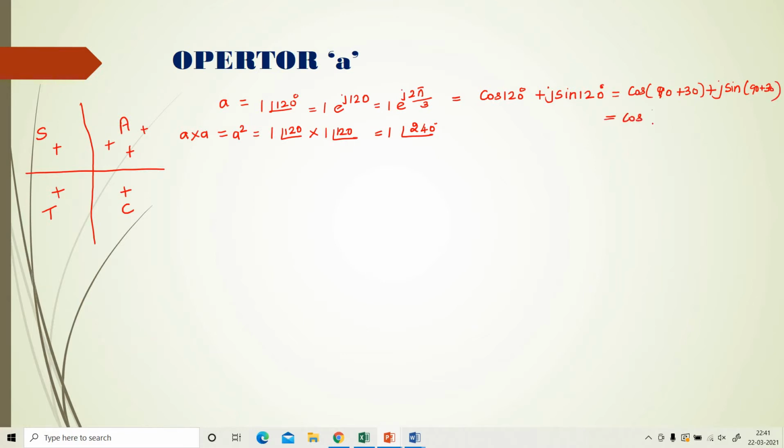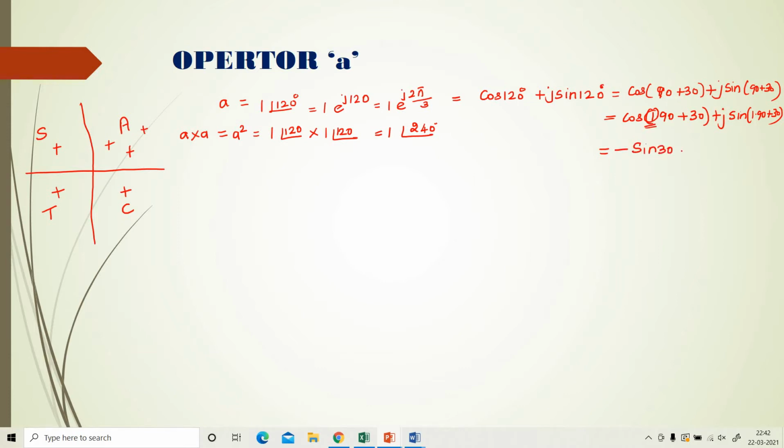Next I can write it as 1 into 90 plus 30 plus j sin 1 into 90 plus 30. So 1 is the odd number and this is cos. In the second quadrant, sin only positive and cos is negative, so minus. Here 1 is the odd number, so cos is changed into sin.